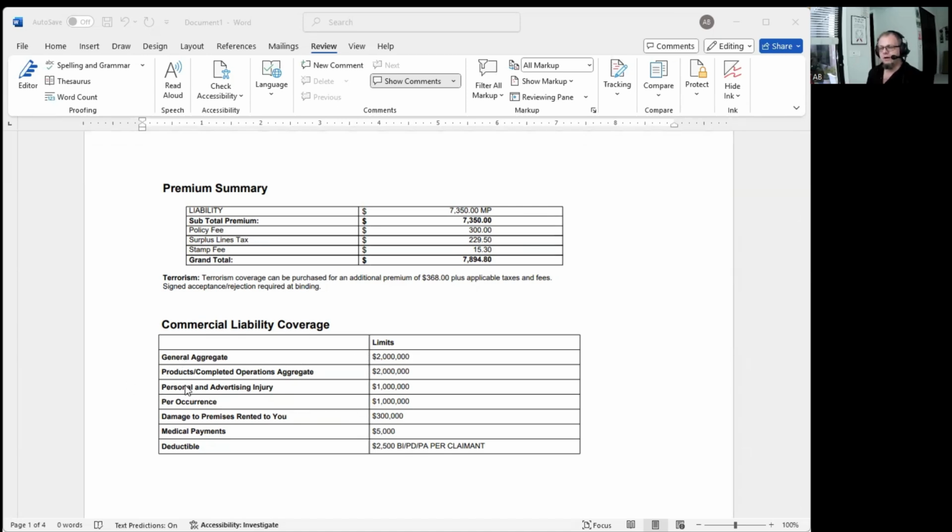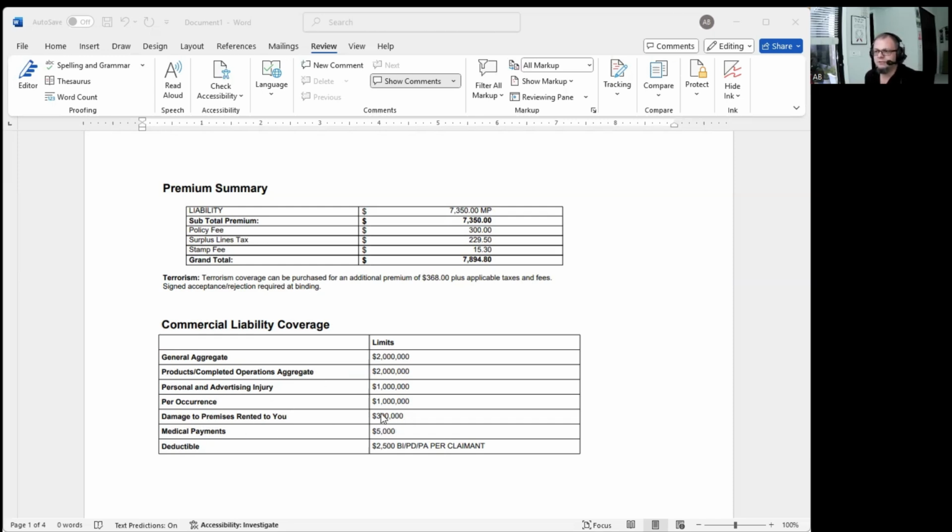And then what the company does, and this is again super normal, is divide the million each occurrence into personal and advertising injury, and then you have your general aggregate and your products and completed operations aggregate. We'll dig into this in a different video. But again, totally normal. A very, very standard general liability policy.